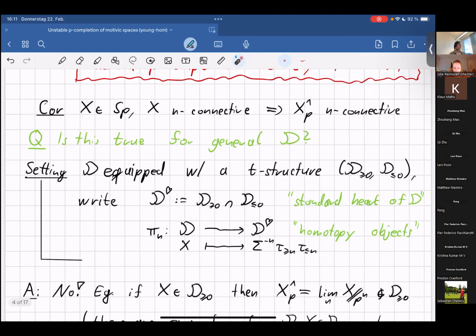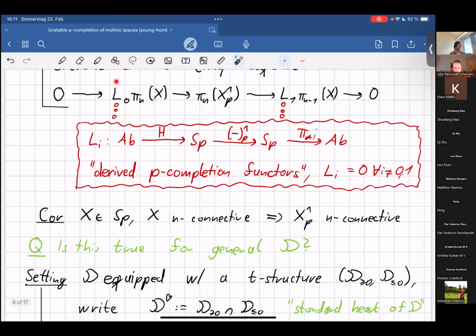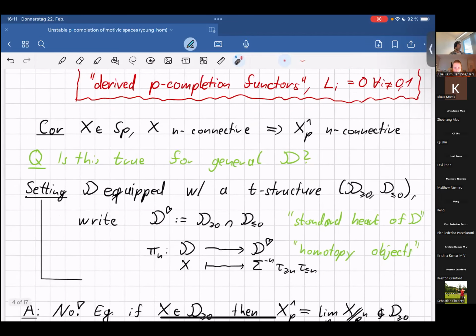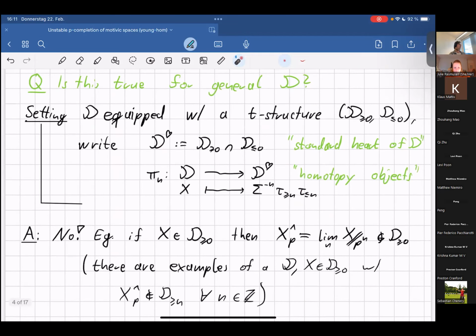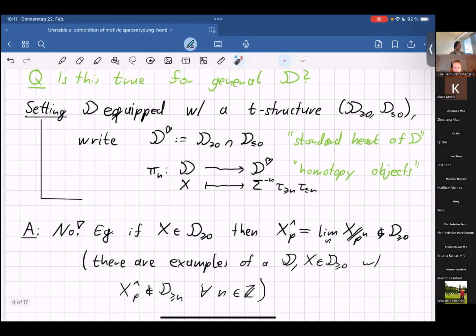And now we can ask if we have such a sequence in our category D, and the answer is no. For example, if we have some X in this connective part, then we can no longer expect that this limit is again connective, because these parts will still be connective in any t-structure, but it is unreasonable to expect that this limit preserves connectivity.